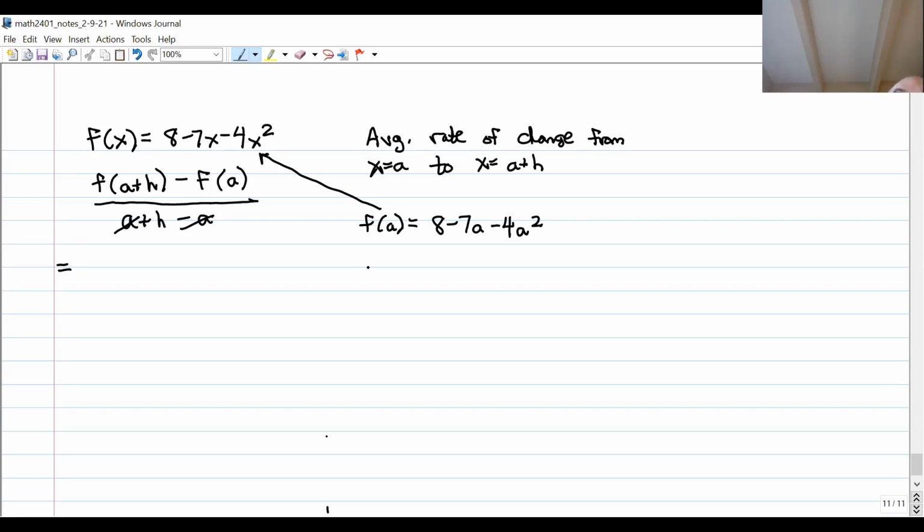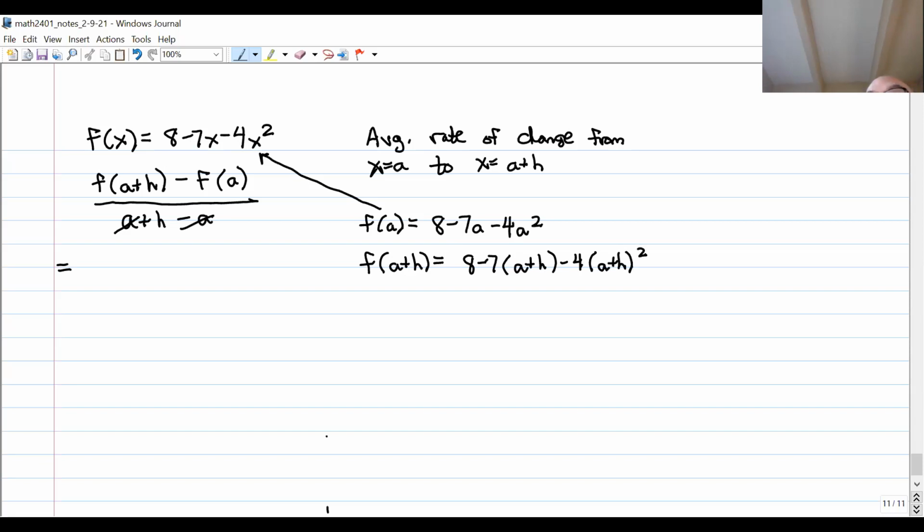That's easy. What's a little bit tougher is f(a+h). So this is probably where the algebra is going to get in your way a little bit, right? So again, you're going to take a+h and substitute it for x in the formula for f. So you get 8 minus 7 times x, but now x is a+h, minus 4 times x squared, but again, x is a+h.